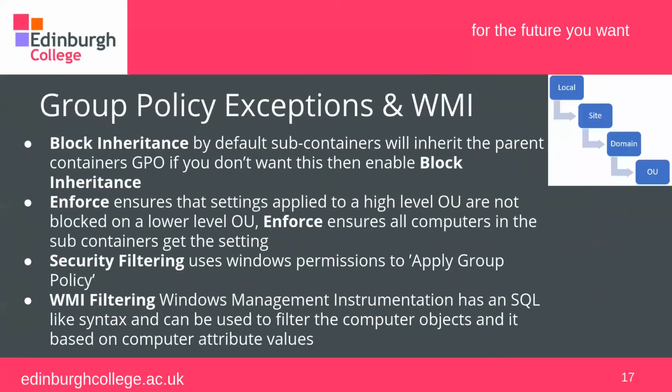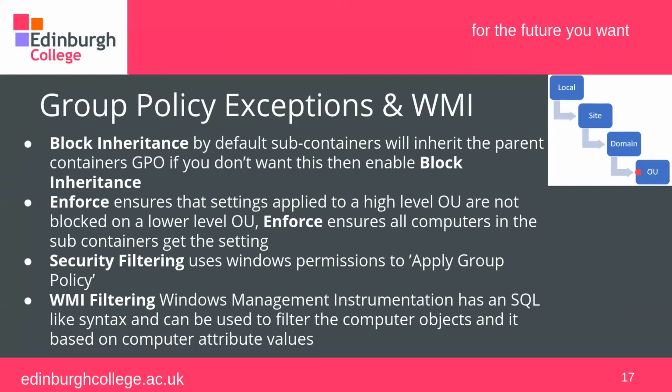Okay, so group policy exceptions. Now, remember about 3 minutes ago, I said if I apply something locally, then at the site, then at the domain, then at the OU, the last one is the one that will be applied.